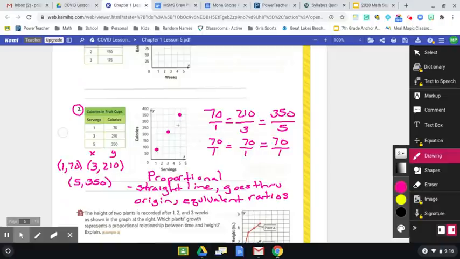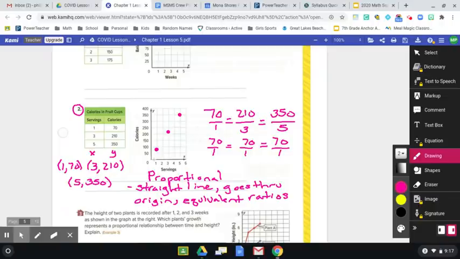And even if it looked like it was a little off, remember when you check in the table to see if there's a pattern of 70, that unit rate going through, it absolutely is going to be straight. And so the other part too, so I did put proportional and it is going to be a straight line. It will go through the origin. So it's actually going to go through 0.